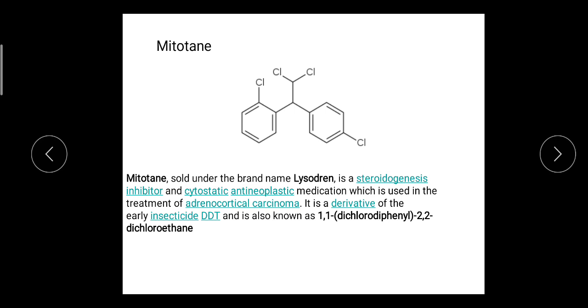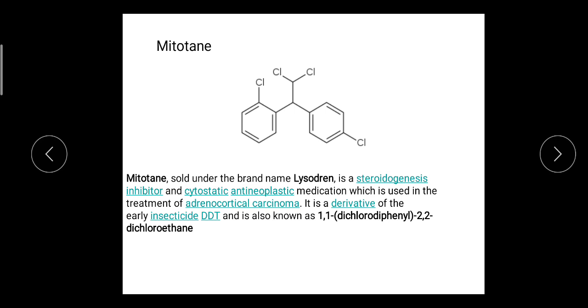The mechanism of action of mitotane is unknown, but it is believed that it modifies the peripheral metabolism of steroids as well as directly suppressing the adrenal cortex.